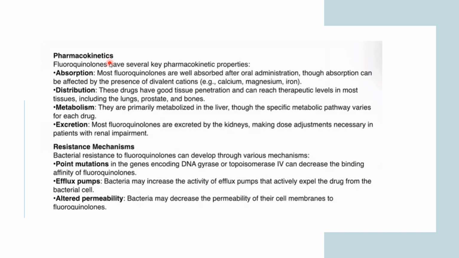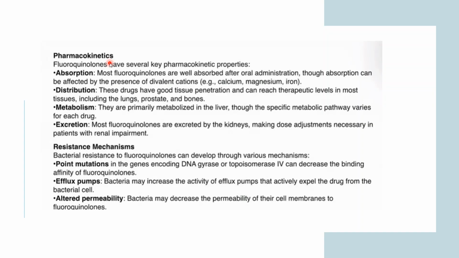The next step is distribution. Now your drug has to distribute within your tissues, within your organs. These drugs have good tissue penetration and can reach therapeutic levels in most tissues, including lungs, prostate, and bones.